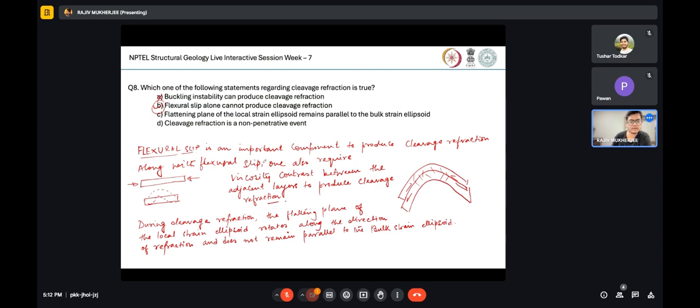So that is how option C is also wrong, because it is eventually rotating.